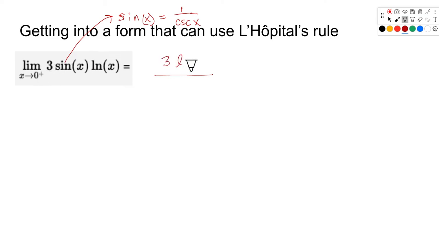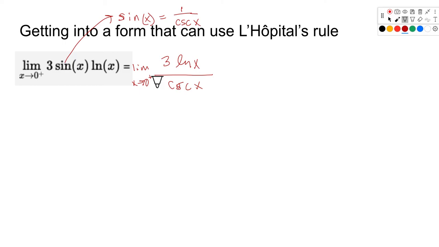We get 3 natural log of x over cosecant of x. We're taking the limit as x goes to 0 just from the right side, because with natural log you can't come from negative numbers. And L'Hopital's rule works in all these cases.